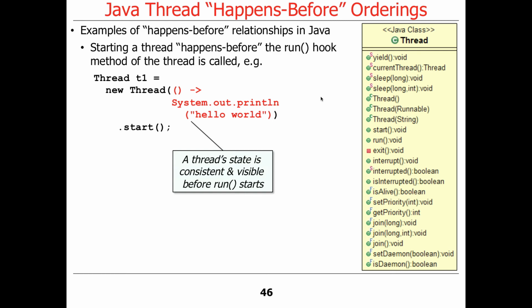Its internal state is all initialized and consistent. And of course, that's exactly what you want, right? You would hate to have the case where the code inside the lambda expression would run before the thread was finished being initialized. So that's an example of a happens-before relationship. The Java execution environment will ensure it takes place before it lets this thing actually start to run.